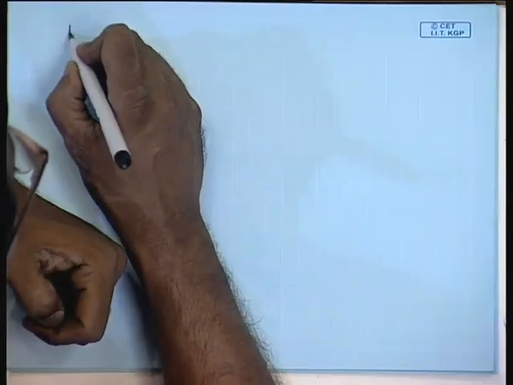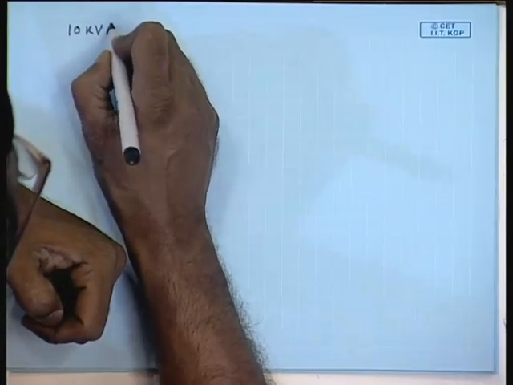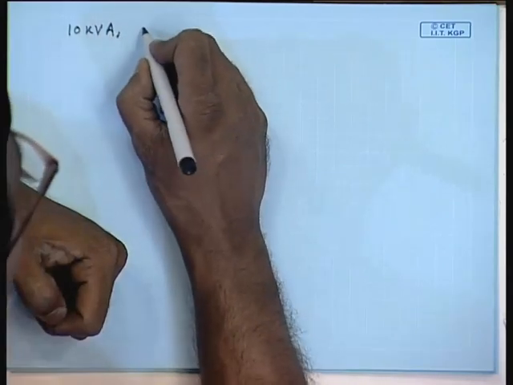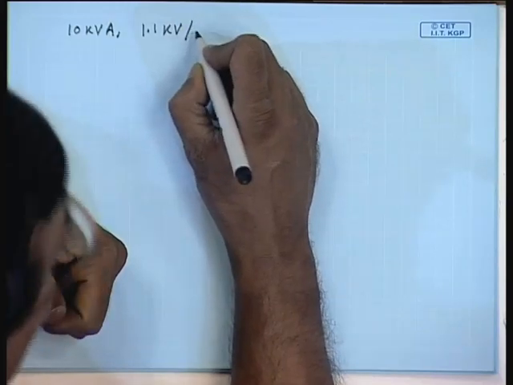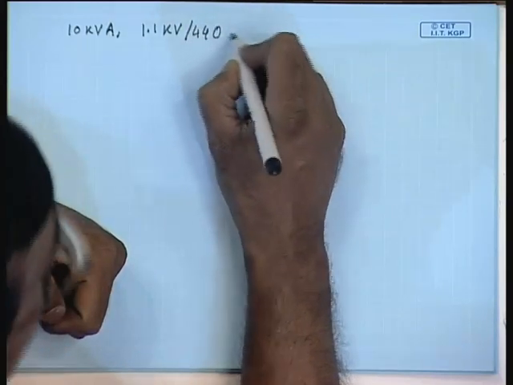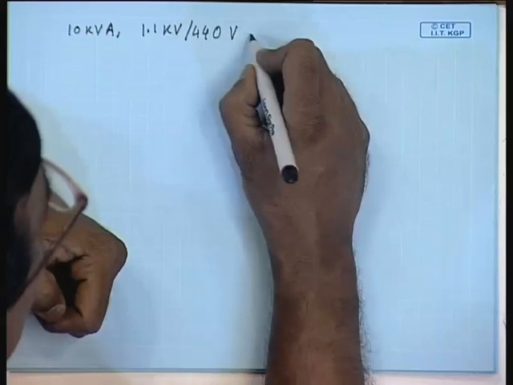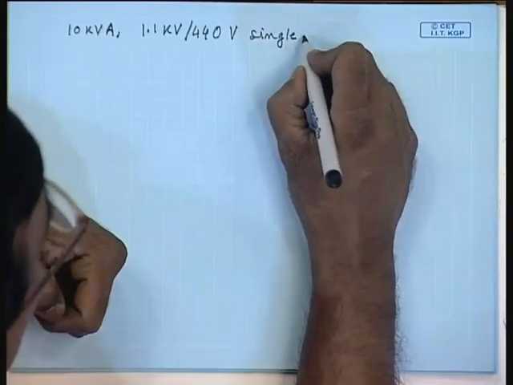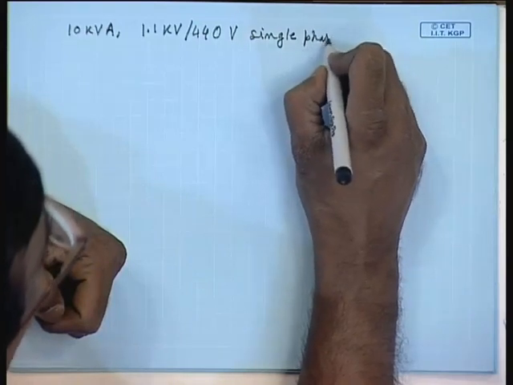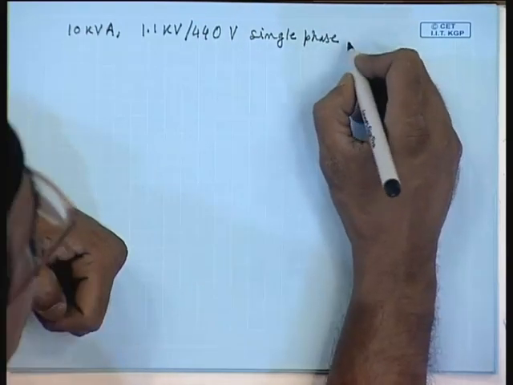You have a 10 kVA, 1.1 kV by 440 volt, single phase two winding transformer.